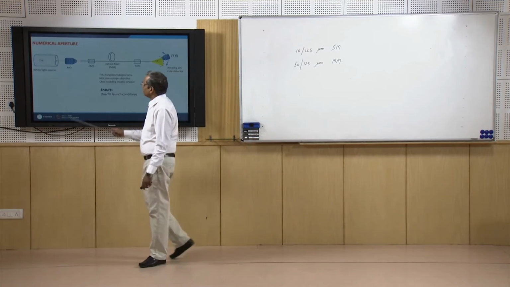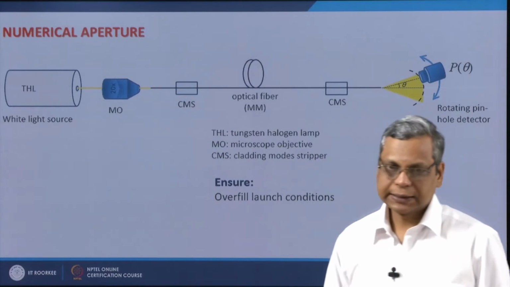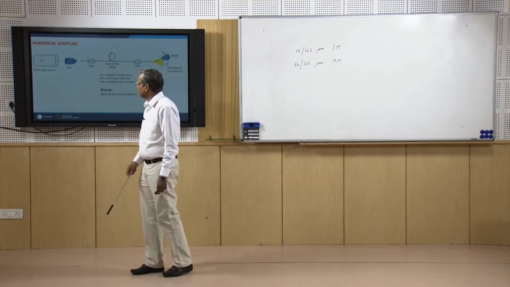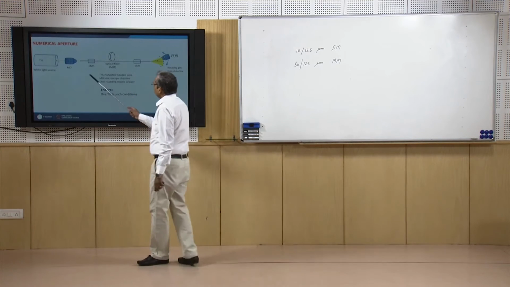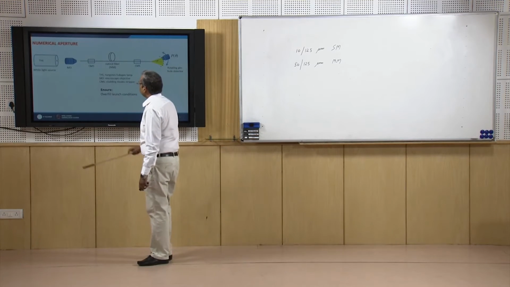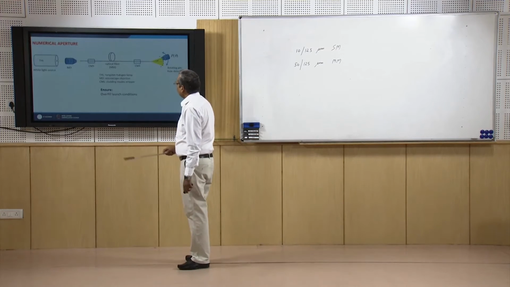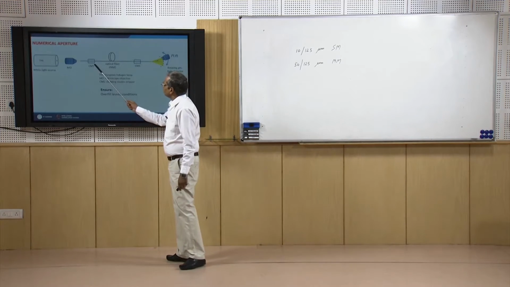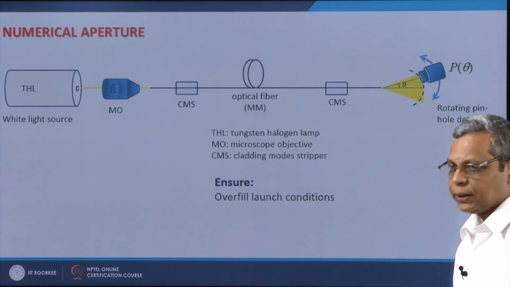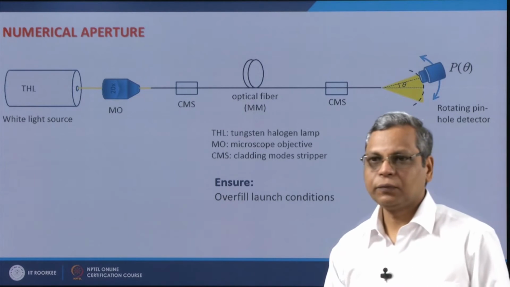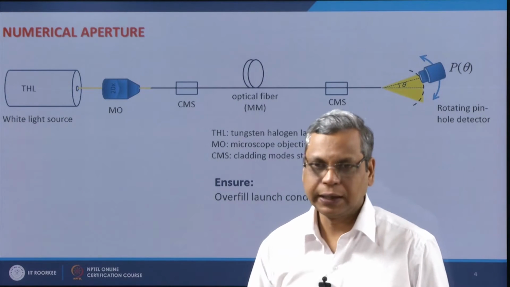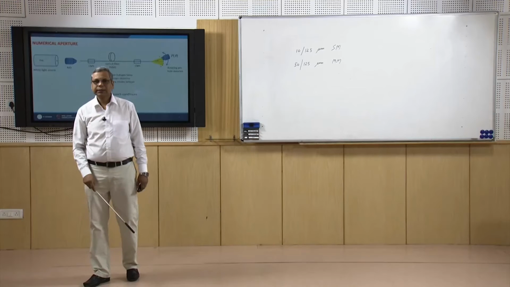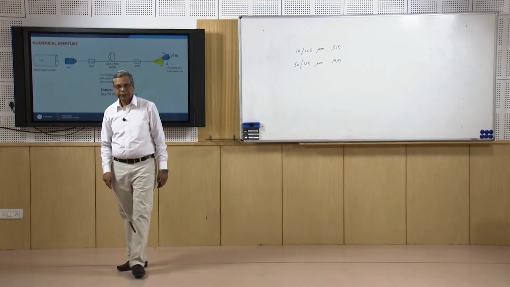This microscope objective simply works as a lens. With the help of this you launch light into this fiber, and you also put cladding mode strippers in order to strip off light which is going into cladding modes, otherwise there would be measurement error.